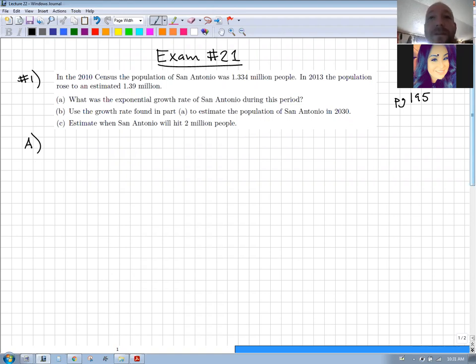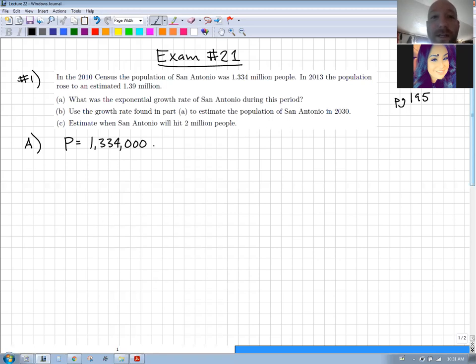Well, let's write down what we know here. In 2010, the population, I'll treat that as principal, 1.34 million. That's what it initially was, so I'll write that as a principal here.